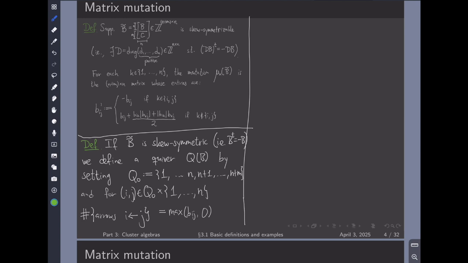Notice that Q of B does not have loops, and by this I mean arrows that go from a vertex to itself, right? Not cycles, which may perfectly be the case, Q of B may have cycles, but loops. And it also does not have oriented two-cycles.